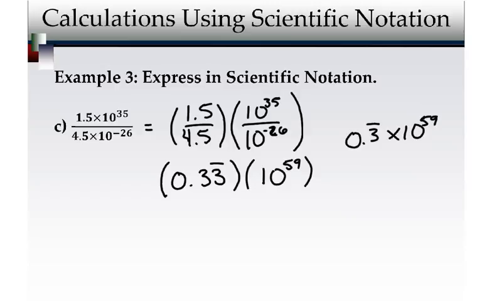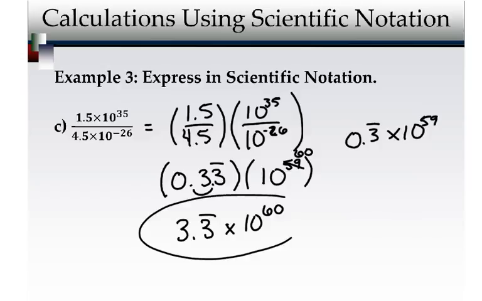So to do that, move it over one decimal place, and that's going to change this exponent by one also. Okay, so 3.3 repeating times 10 to the 60th power. Now that is expressed correctly in scientific notation.